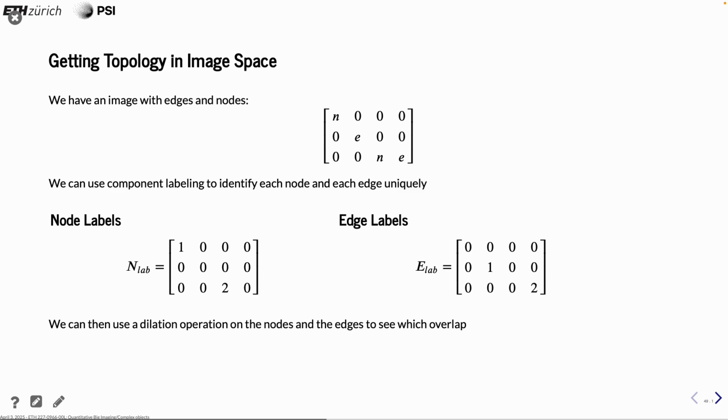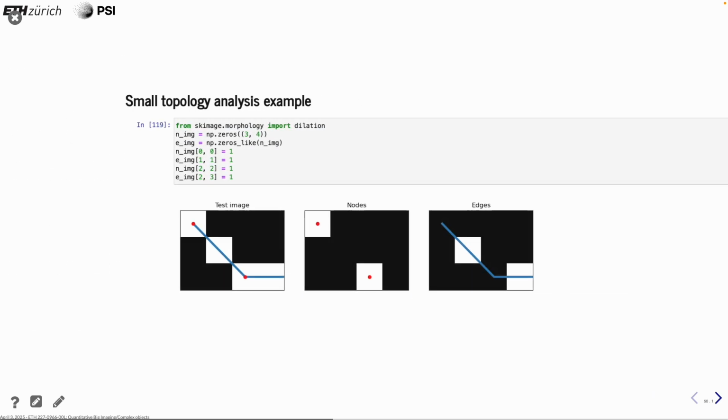And this is a very simple example, where we have 2 nodes and 2 edges. And the approach to build a network out of this is that we need to label our nodes and we need to label our edges, and then we want to connect all these labeled components together, see which nodes are connected with which edges.